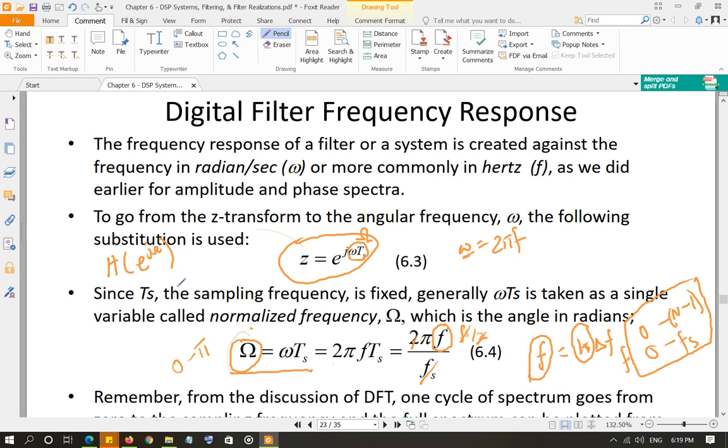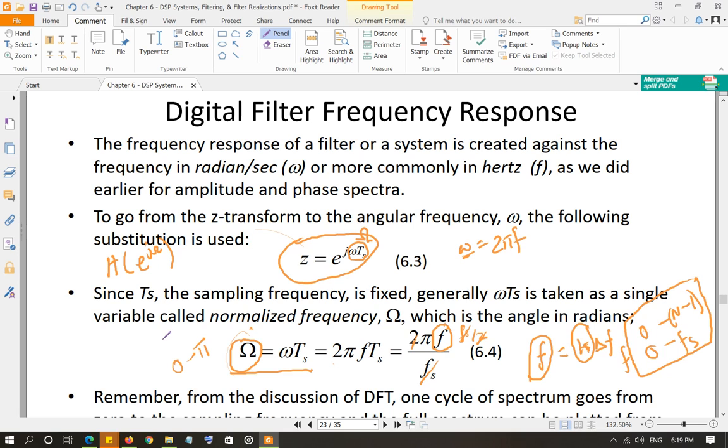It has a magnitude response and a phase response. So the property of the DFT, that it is periodic with a periodicity of fs, that is, the response goes from 0 to fs, is valid for e to the power j omega as well.